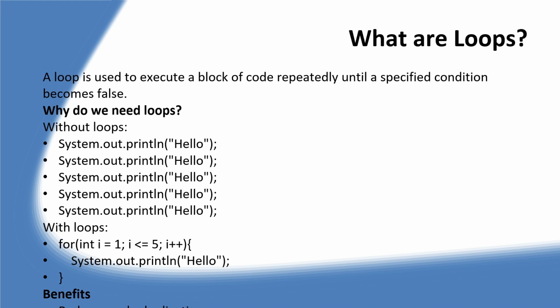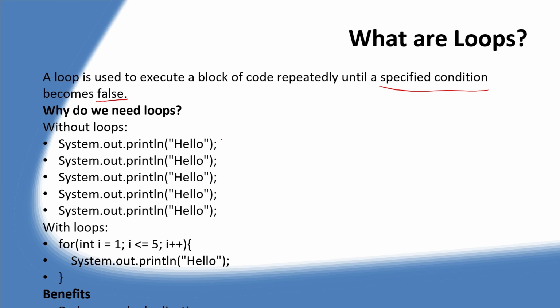What are loops? A loop is used to execute a block of code repeatedly until a specified condition becomes false. Why do we need loops? Imagine we don't have the concept of loops and we want to print hello n number of times.